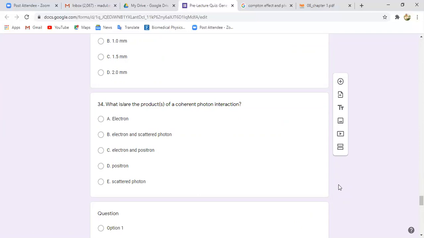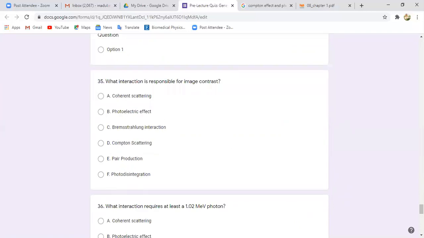This is actually Rayleigh scattering. You have a scattered photon, nothing else. No electron is ejected, and of course, no positron.